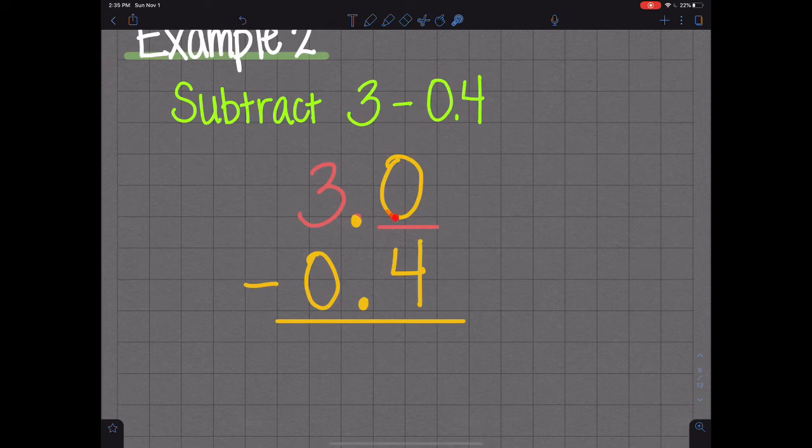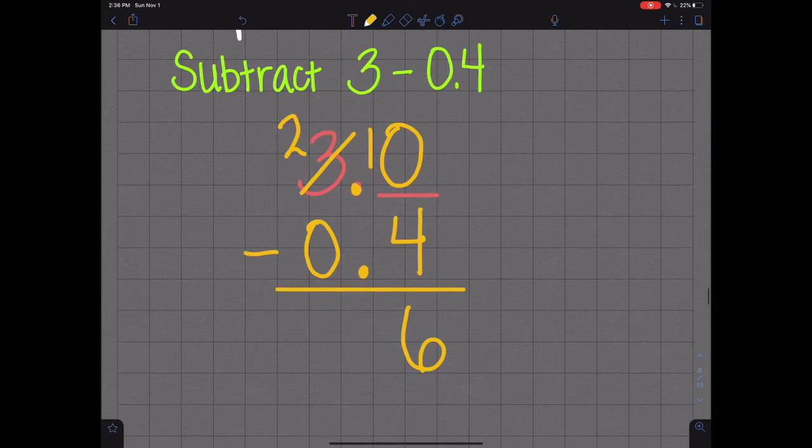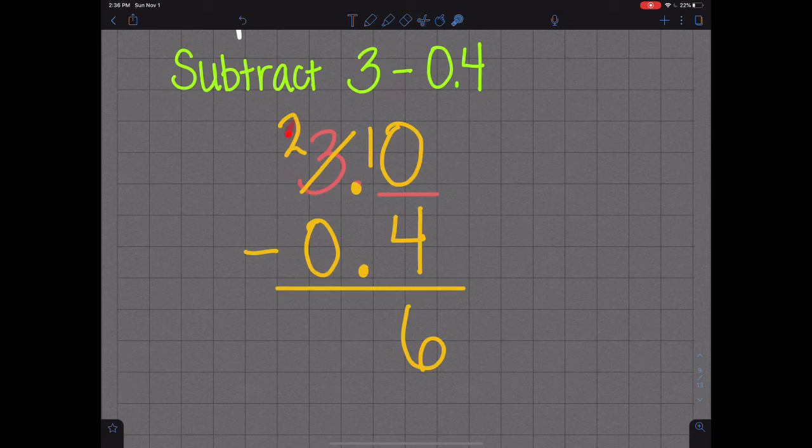So we do have 0 here, so now it's 0 minus 4, which of course we can't do like that, so we have to borrow a 1. So let's turn that into a 2, make that a 10. So now we're going to say 10 minus 4, and that's going to be 6. And over here in the ones place, we have 2 minus 0, which is going to be 2, and I'm going to bring down that decimal straight down.